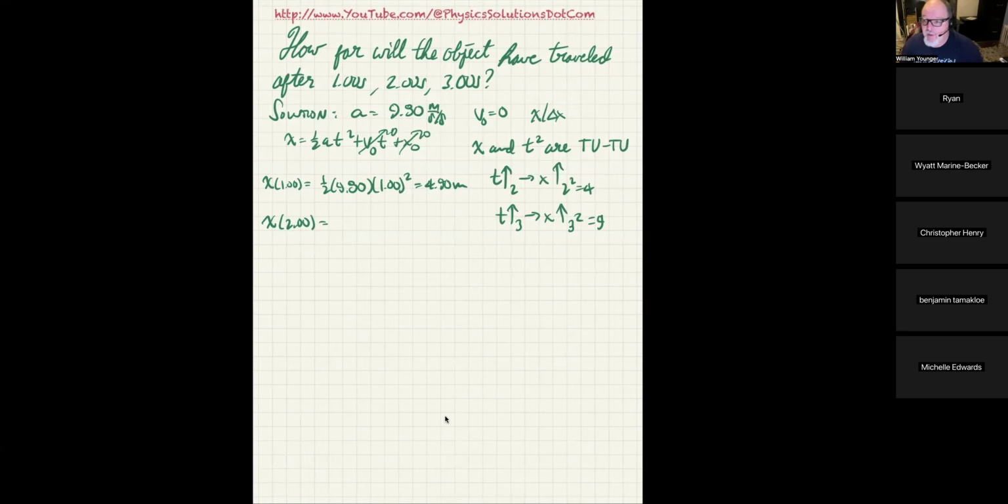Well, 4.9 times 4 is 16 plus 3.6, so that's 19.6. And lo and behold, that's the same thing you get if you did this calculation, 19.6 meters for that one. So again, 4 times 4.9 gives you 19.6.